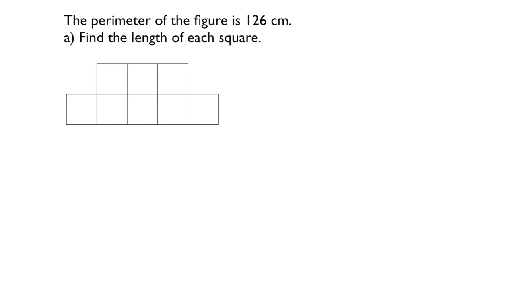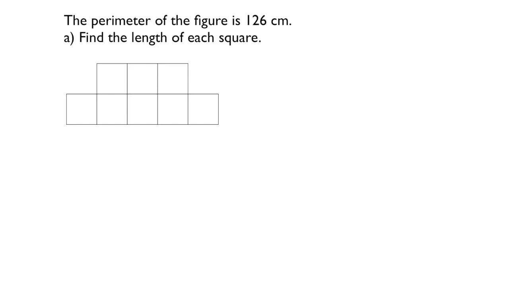In part A, they tell us that the perimeter of the shape is 126 centimeters. And we know that perimeter is the distance around the outside of the shape. So the first thing I'm going to do is count up how many sides there are around the outside. So let's go around. I'm going to make a mark on each one, so I'm sure not to count that one twice.